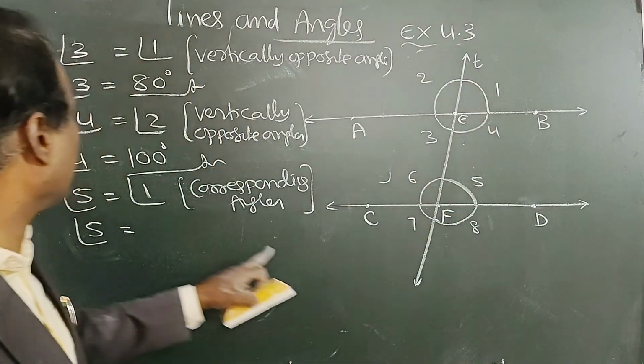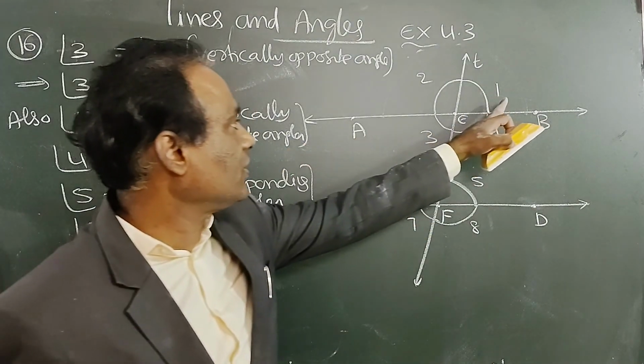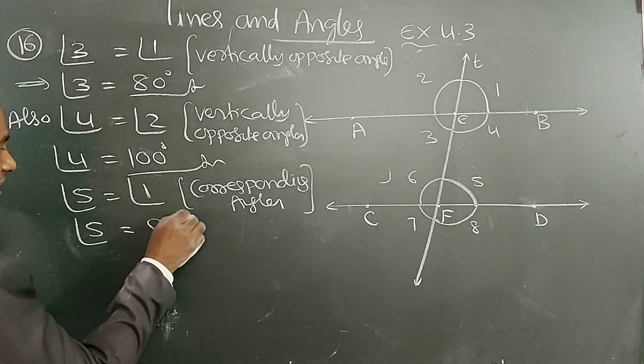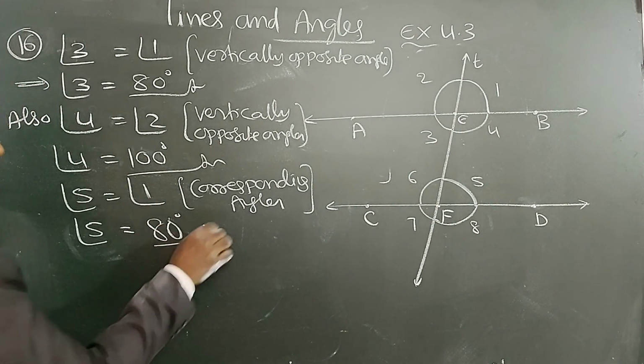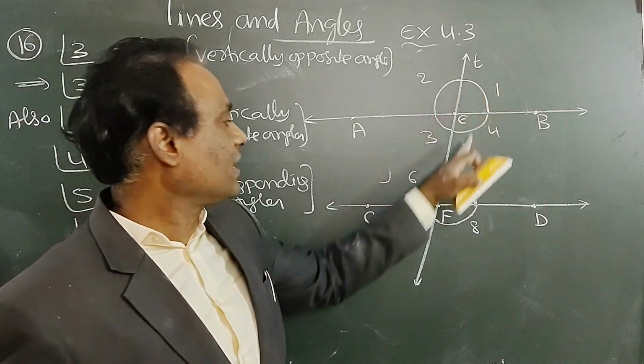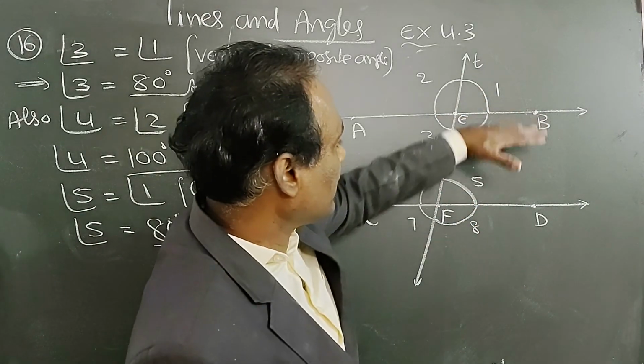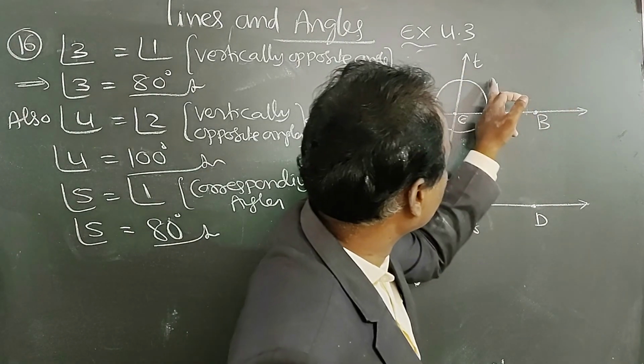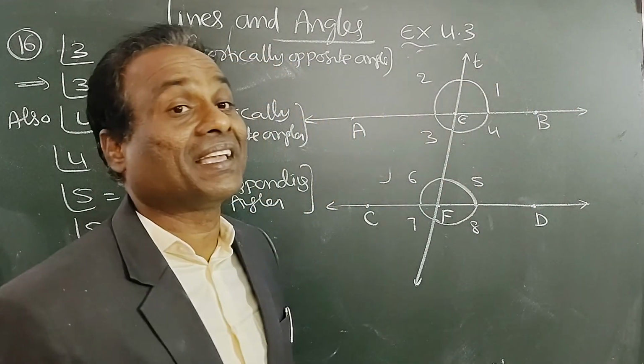Angle 1 is how much? 80, no? This is 80, so this is also 80. Angle 1 is equal to angle 5 because the two lines are parallel, one is an interior angle and one is an exterior angle on the same side of the transversal, corresponding angles.